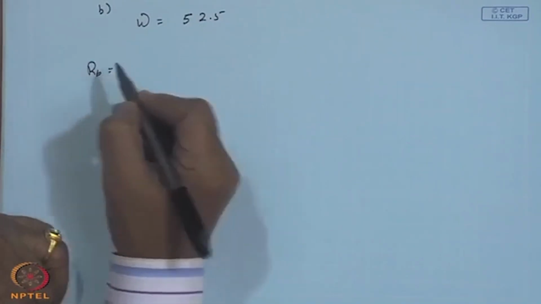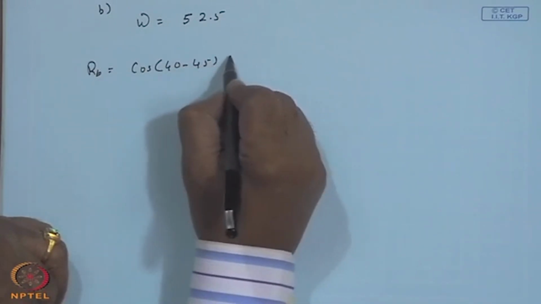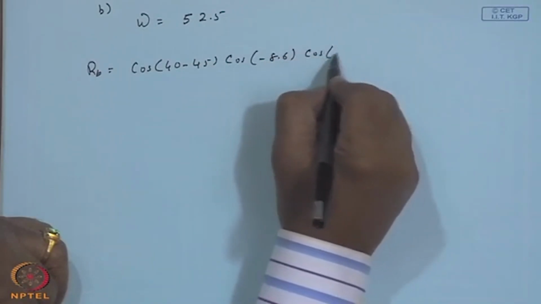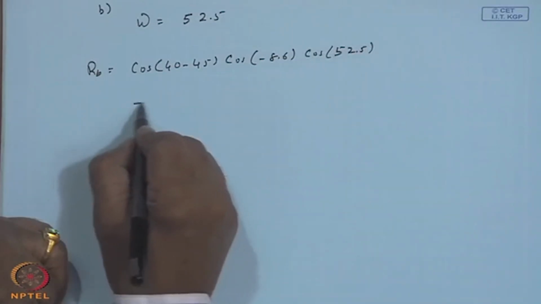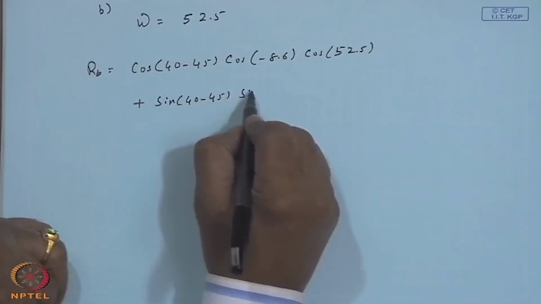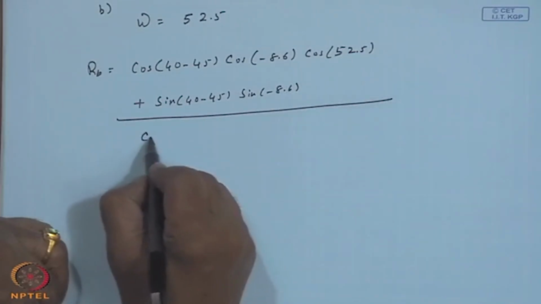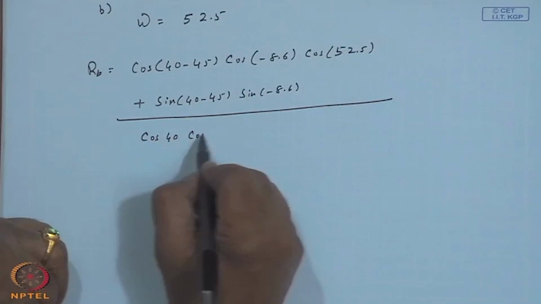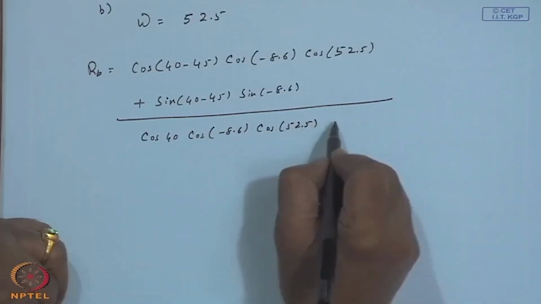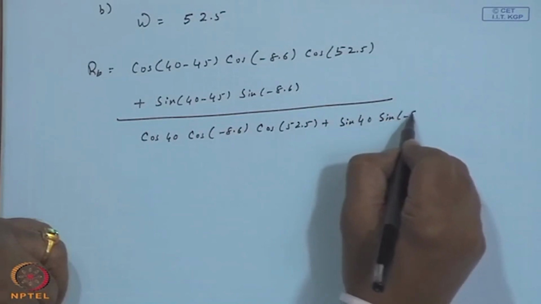So, RB, same step: cos(phi minus beta) cos delta cos omega plus sin(phi minus beta) sin delta, upon cos phi cos delta cos omega plus sin phi sin delta.